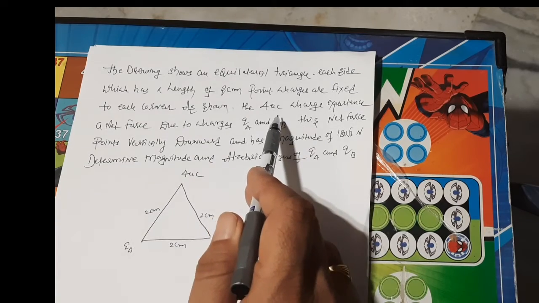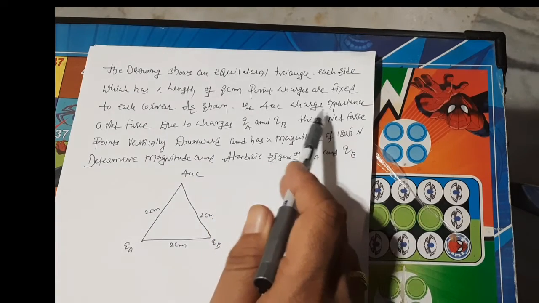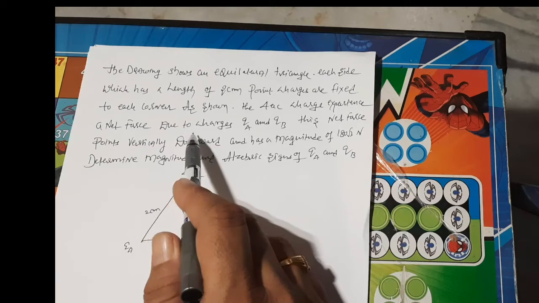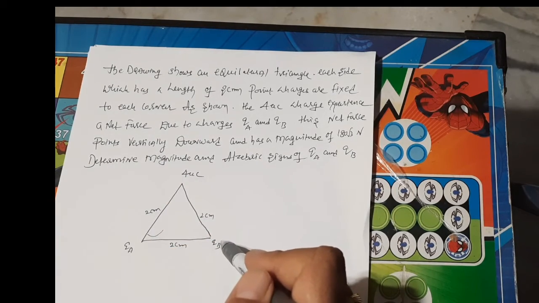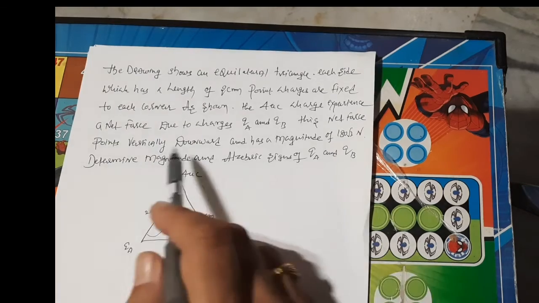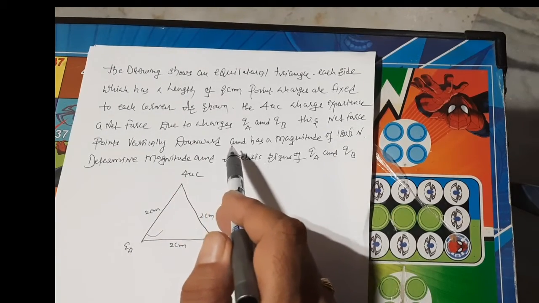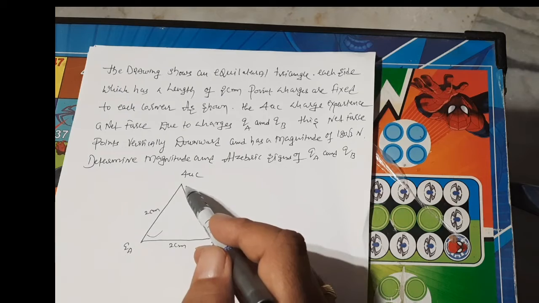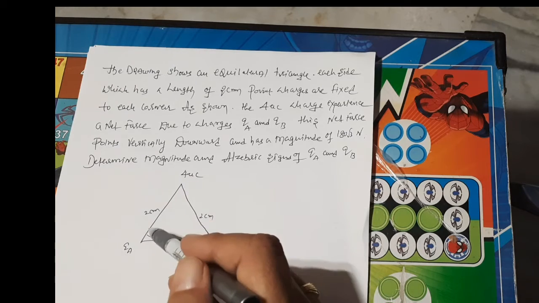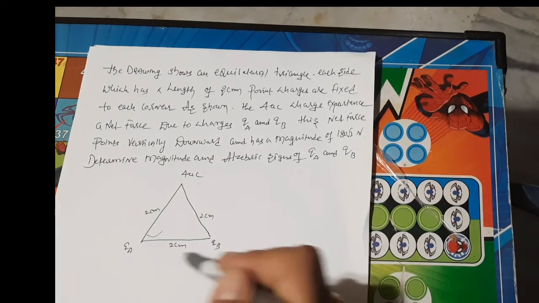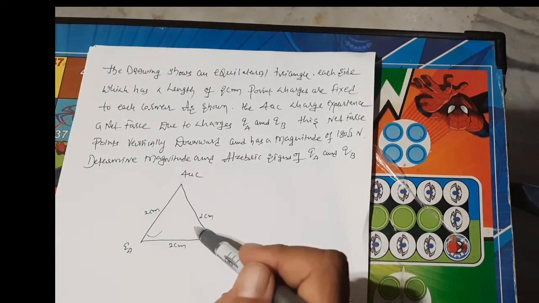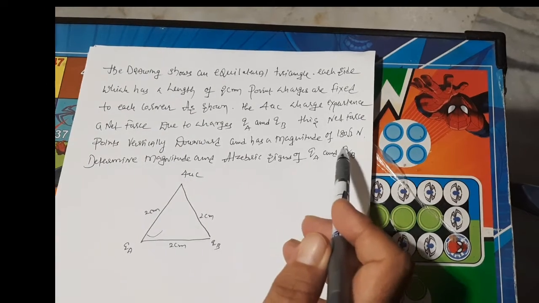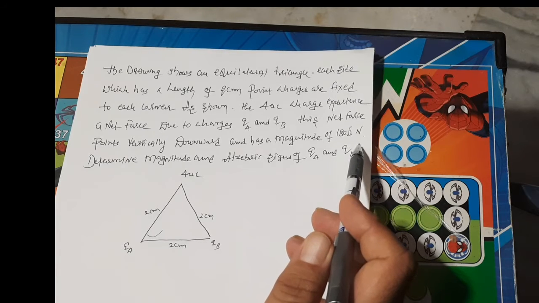The 4 microcoulomb charge experiences a net force due to the charges QA and QB. This net force is pointing vertically downward, and has a magnitude of 180 root 3 newtons.